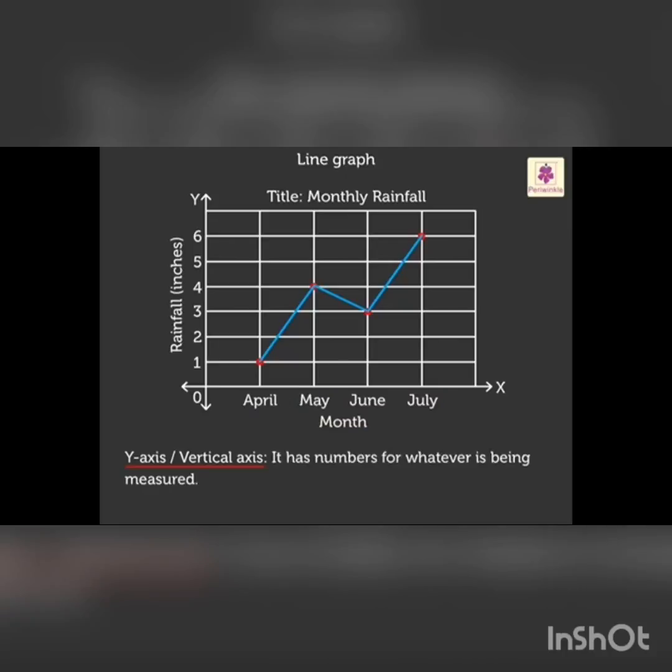It has numbers of whatever is being measured. So what is given on the y-axis? The rainfall. And you can see here the numbers are given, and rainfall is given in inches.